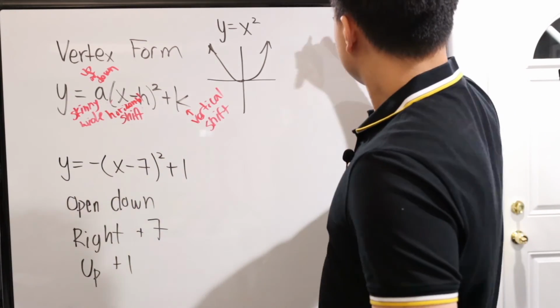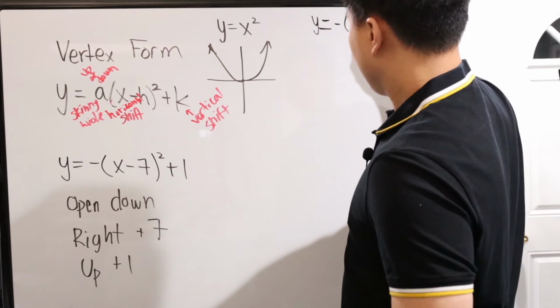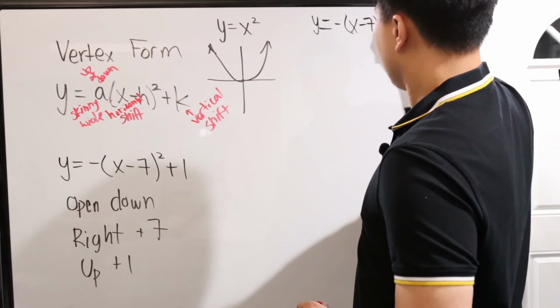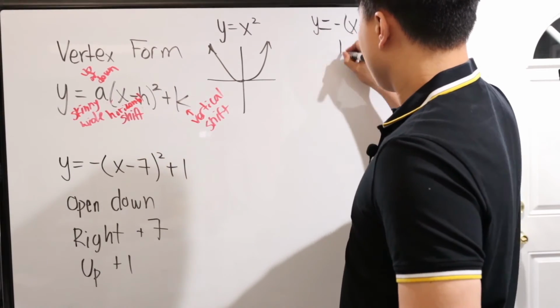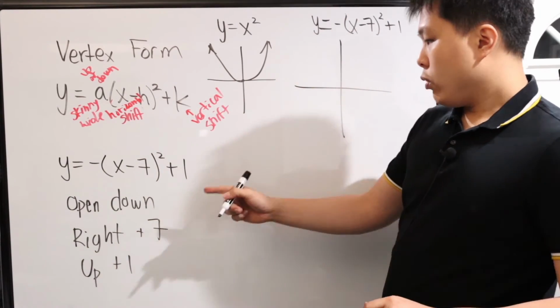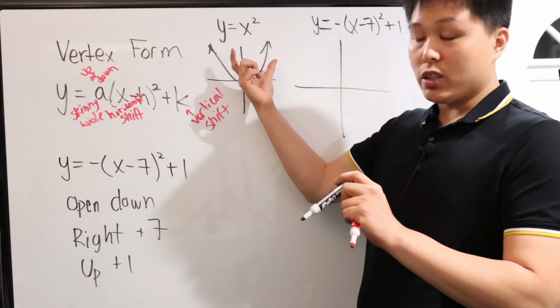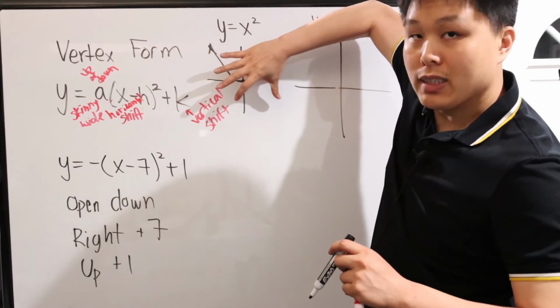Okay, y equals negative x minus 7 squared plus 1. Originally it starts at the origin. We don't want that anymore. Well, we know that it opens down, so it doesn't even behave this way. It actually flips over down this way.